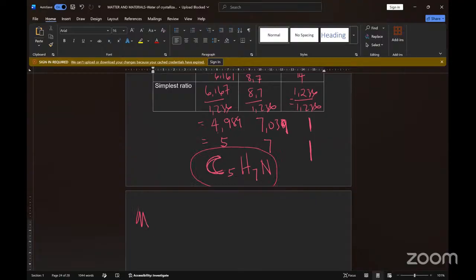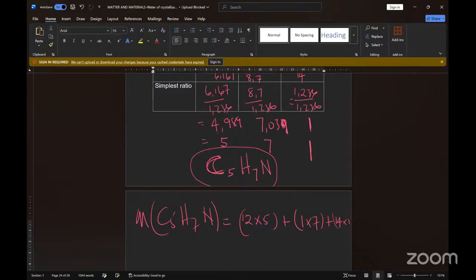So the molar mass of your C5H7N1 is going to be what? 12 times 5. Okay? Carbon is 12 and there are 5 of them. So 12 times 5 plus hydrogen is 1 and there are 7 of them, plus nitrogen is 14 and there is only 1 of them.